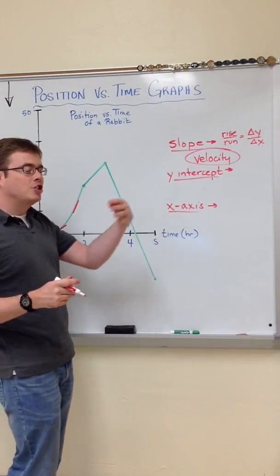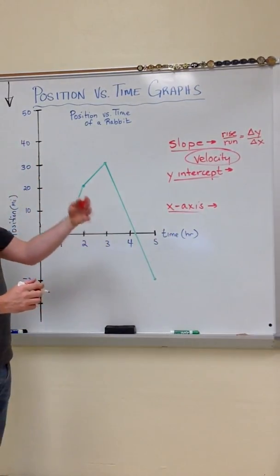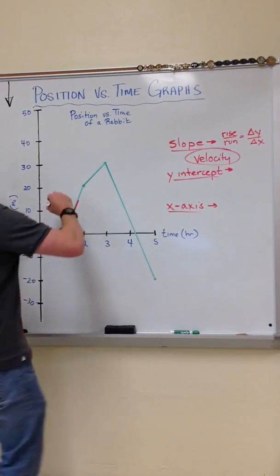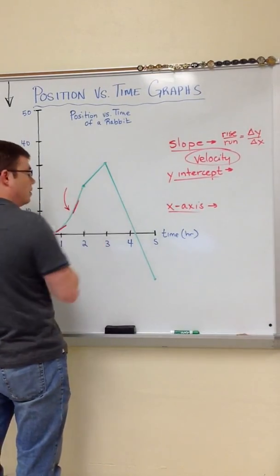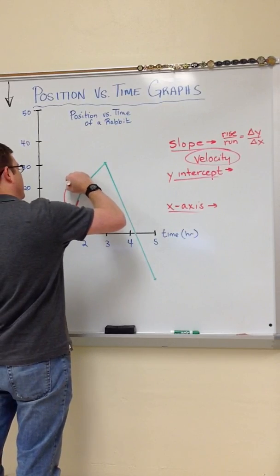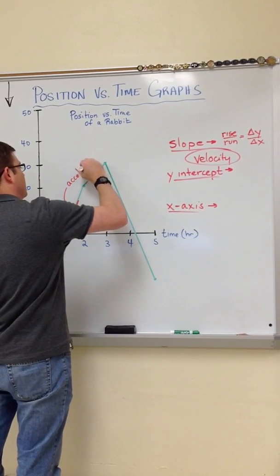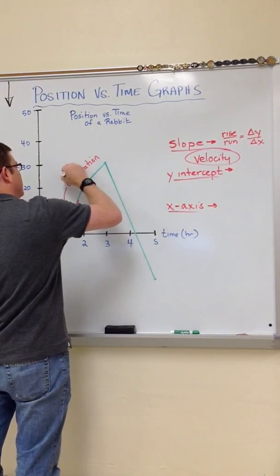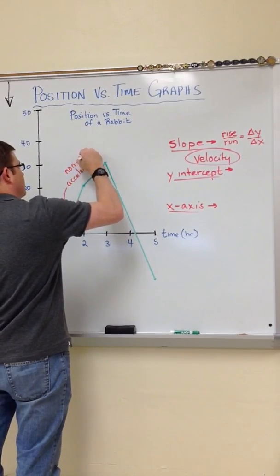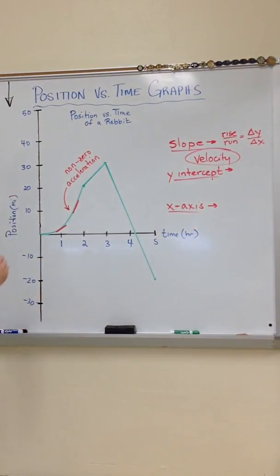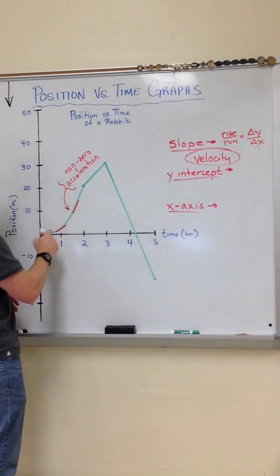So the velocity is changing, and that's the definition of acceleration. So when you see a curve on a position graph, the object has a non-zero acceleration. That goes along with the first 2 hours.